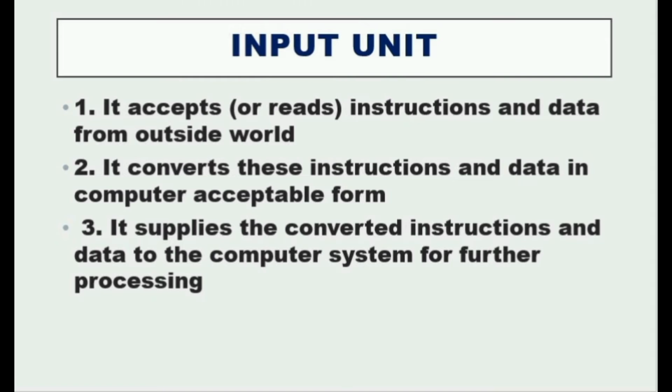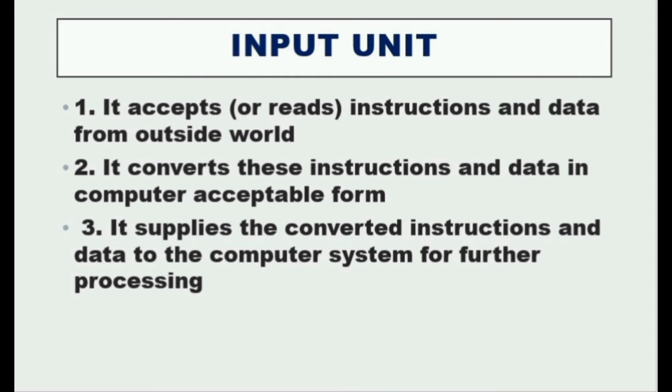it accepts or reads instructions and data from the outside world, and it converts these instructions and data into computer acceptable form. That means the computer does not understand the English language. The computer understands only machine language. Machine language means binary language.